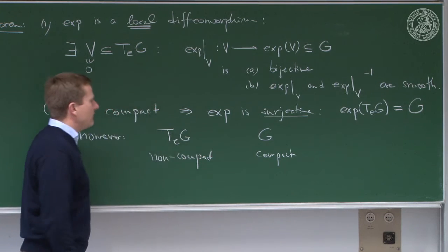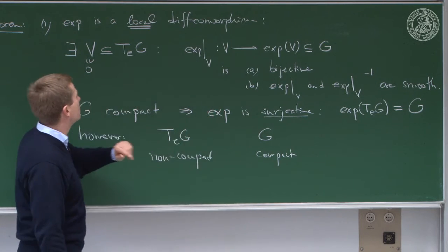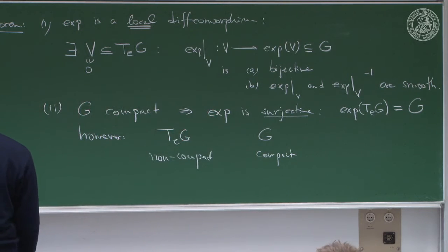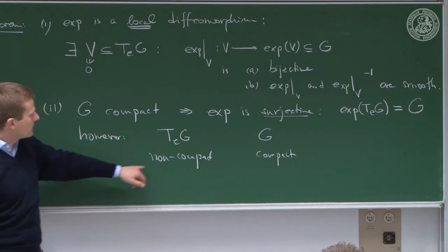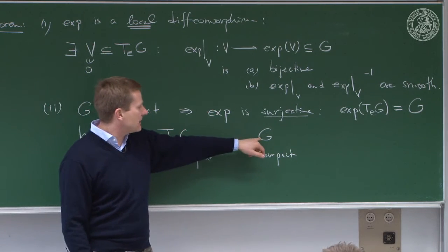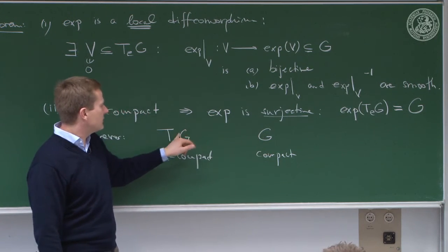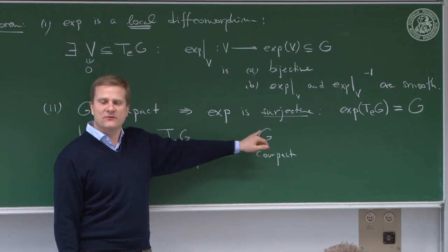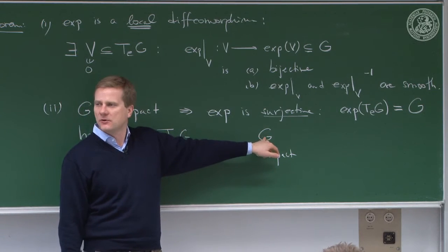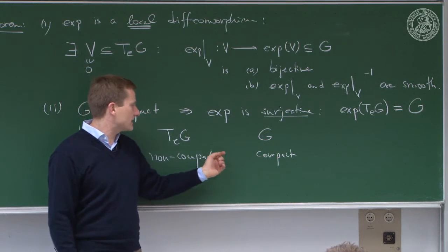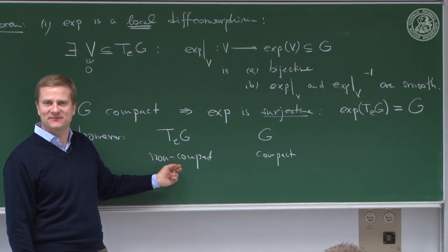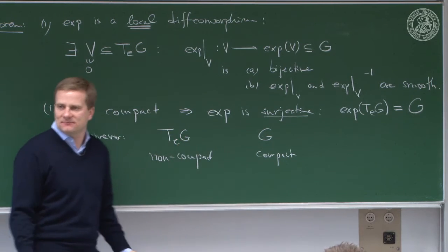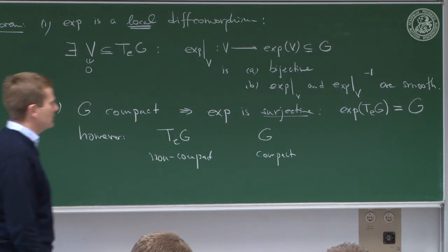Now, if I have a map that's surjective, and it's of course a smooth map, we know that. Did I say that? The exponential map is smooth. Well, if you have a smooth map that's bijective, then you would have established a diffeomorphism. But a diffeomorphism, in particular, is a homeomorphism, and it should send a compact space to a compact space. It should preserve this. So the point is, it cannot be injective, because otherwise it had to preserve the topological structure.